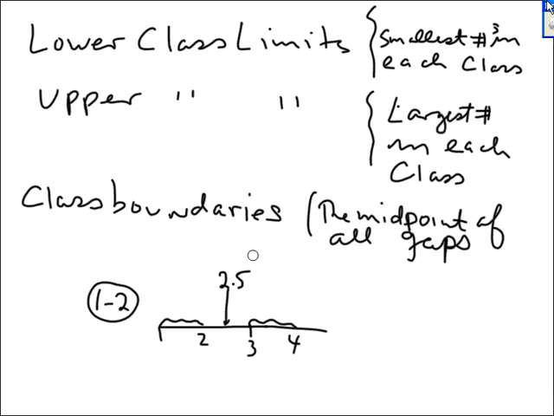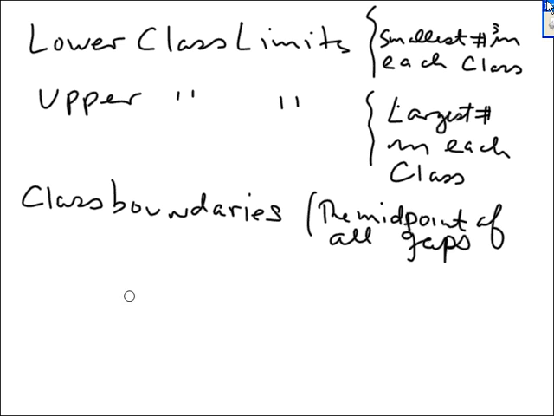The definitions will be a little bit abstract now, but once we start using them, they'll be straightforward, and you should definitely write these down. That way you have them in front of you. Class boundary, to find it, you find a midpoint. But this is different. I'm asking for the class midpoint.